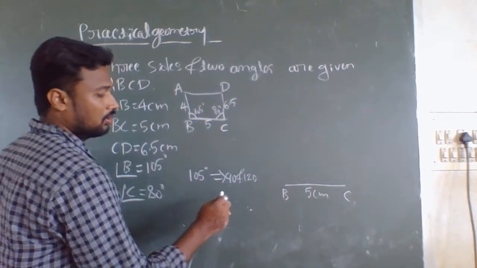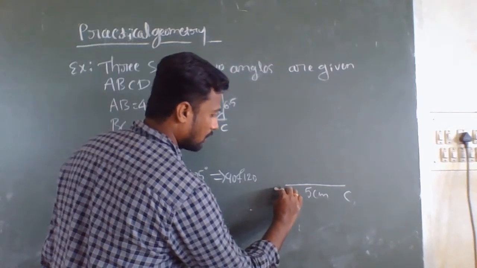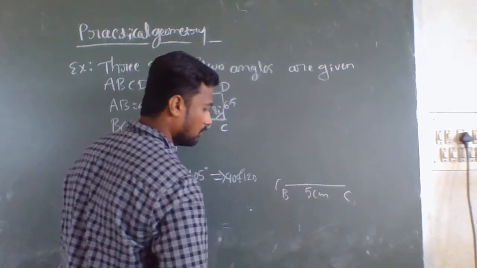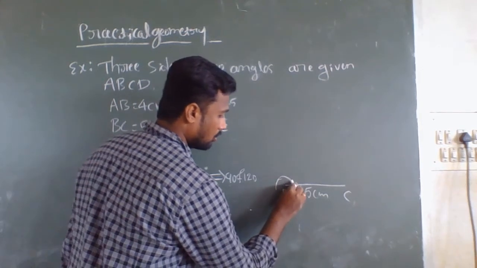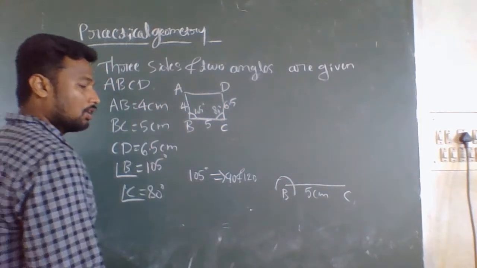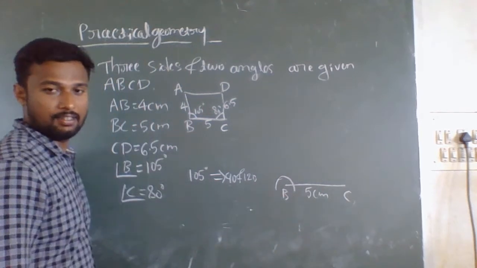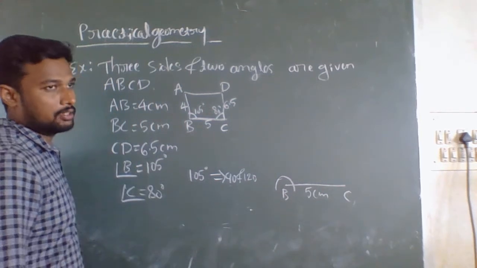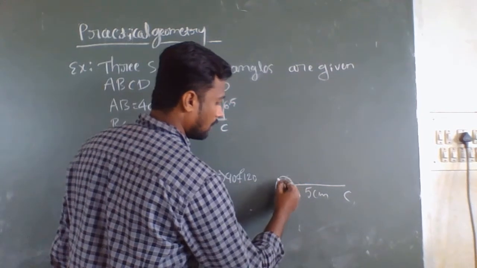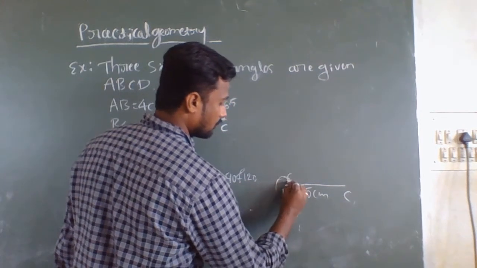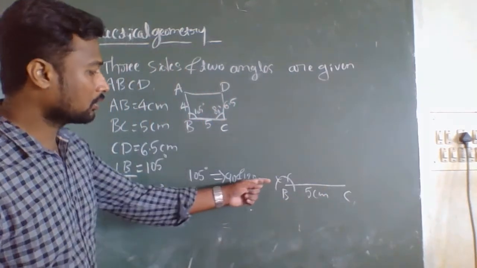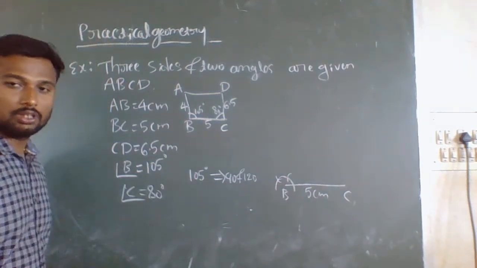Now take a minimum distance of compass and draw an arc here. You all know how to take 60 degree and 120 degree; I discussed this in the introduction part. You should mark these arcs by using compass only.